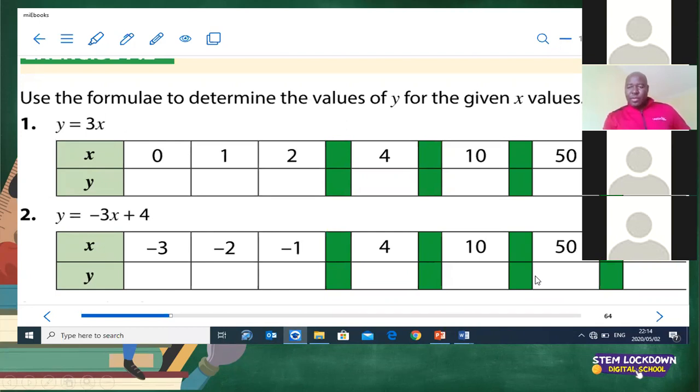Let's go to Tamo. All right, I will go to Sarah again. Sarah, hold on. Y is equal to negative 3x plus 4, and x is negative 3. What will be the value of y there?